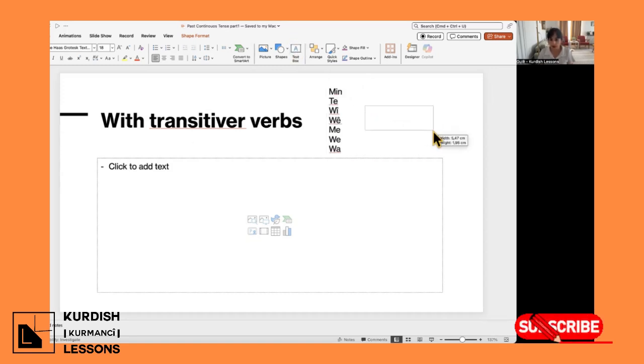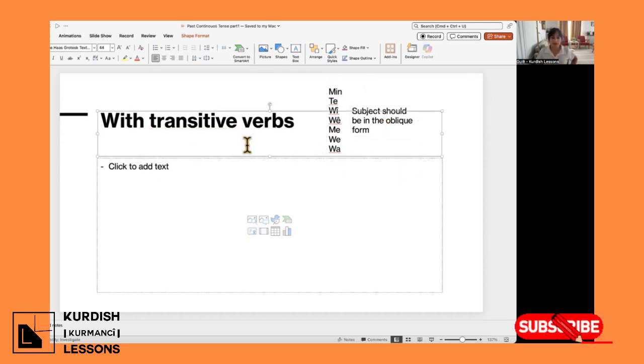Okay, I will make a note. Subject should be in the oblique form. That's why min, te, we, because they are oblique pronouns.